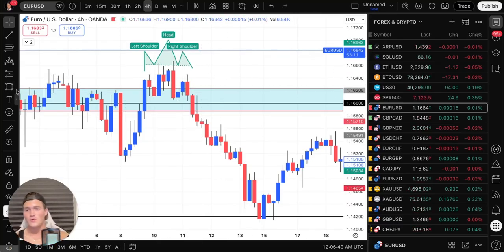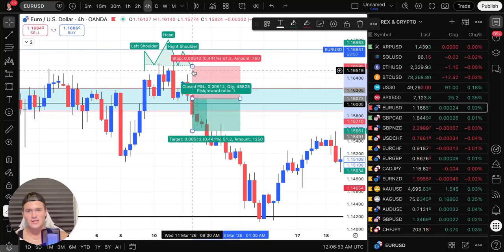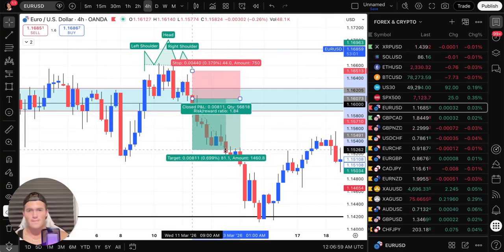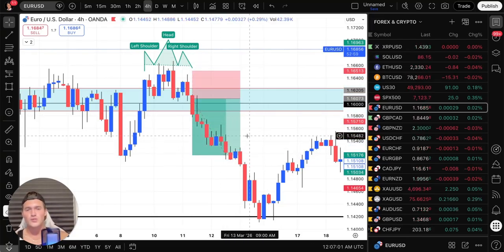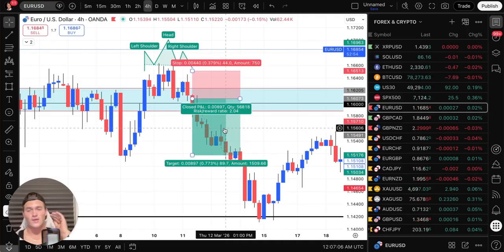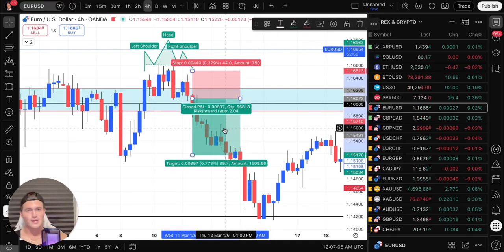I would have loved to have called this. I would have done a short position right here at this neckline, put my stops above this previous elbow, and at minimum call this right here, 1 to 2 risk to reward. Perfect. That is a perfect head and shoulders setup right here.